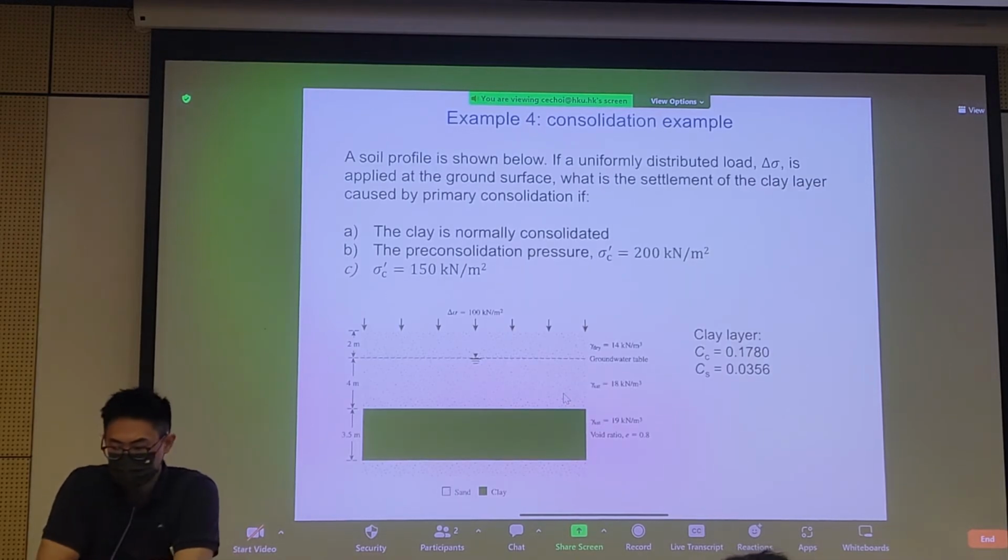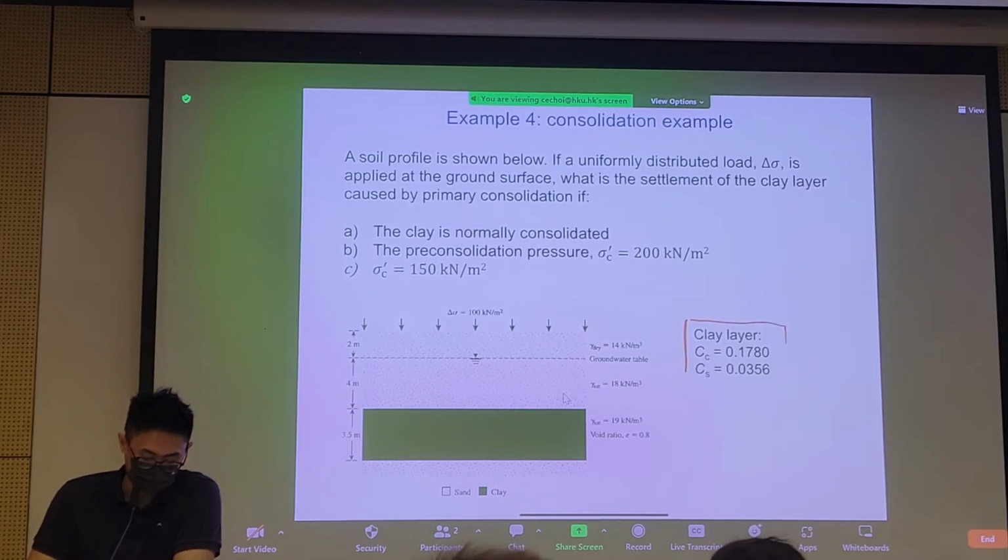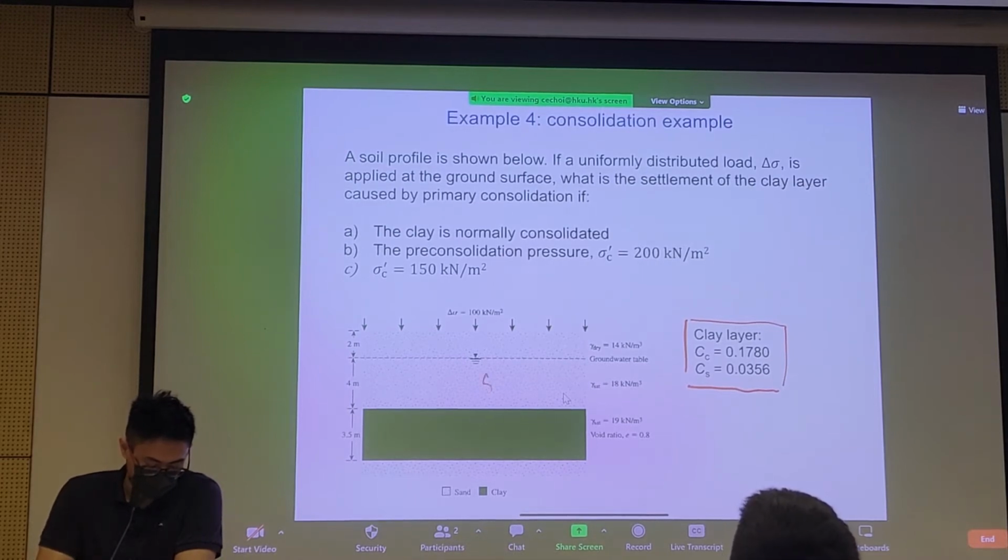So to do that, let's look at another example. So in example 4, we're given a soil profile at the bottom left of the slide. And in this case, you don't have to calculate your compression indices, they're given to you. You have a sand layer here, and you have a clay layer.